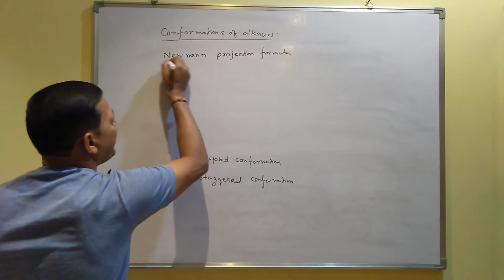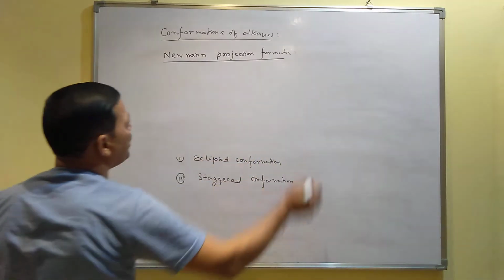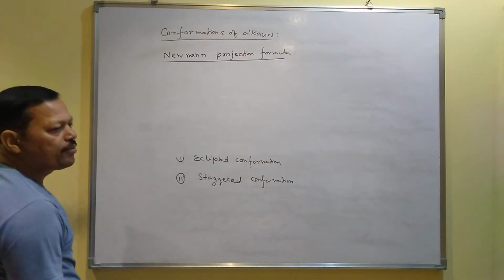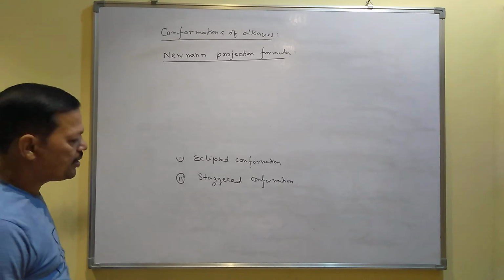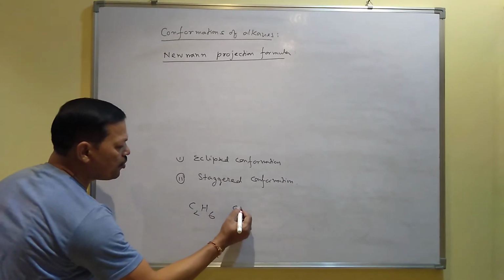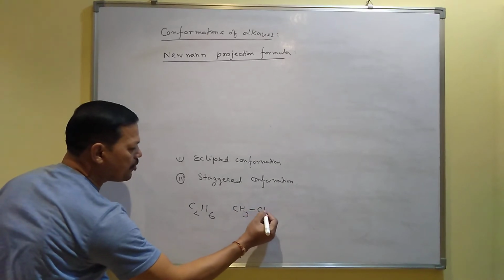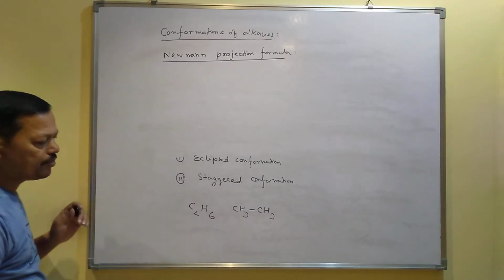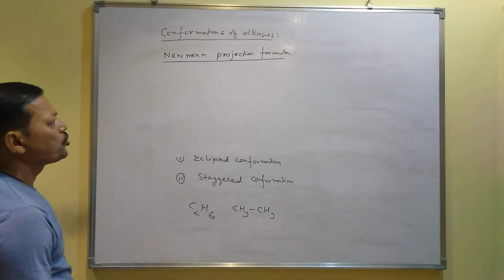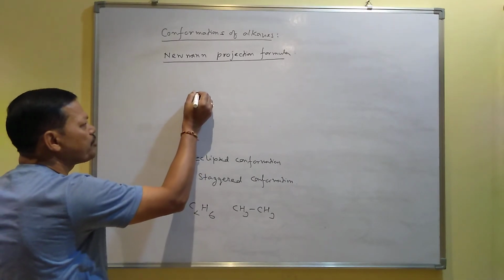As you know, ethane formula is C2H6, and you can draw it this way also, which contains a carbon-carbon single bond, carbon-carbon sigma bond, CH3 single bond CH3. So Newman drew the structure this way.